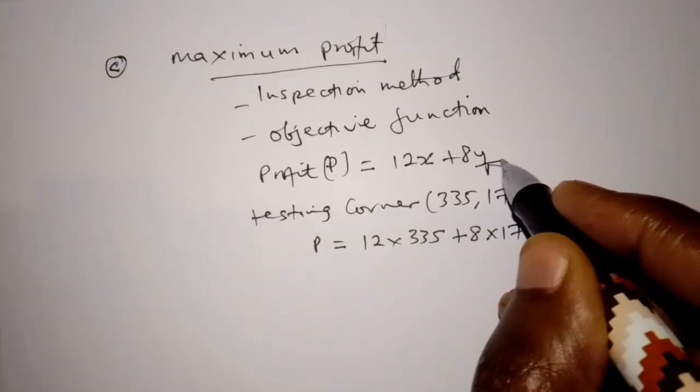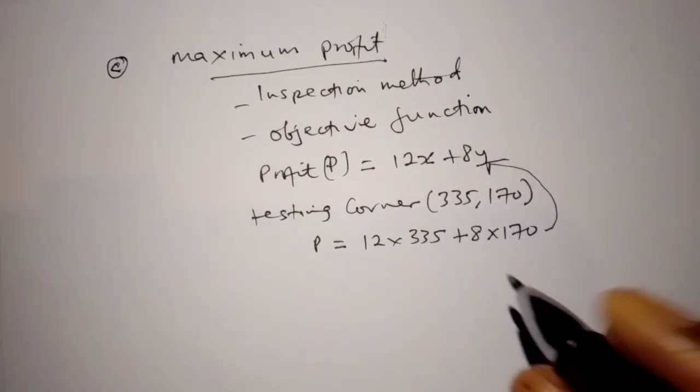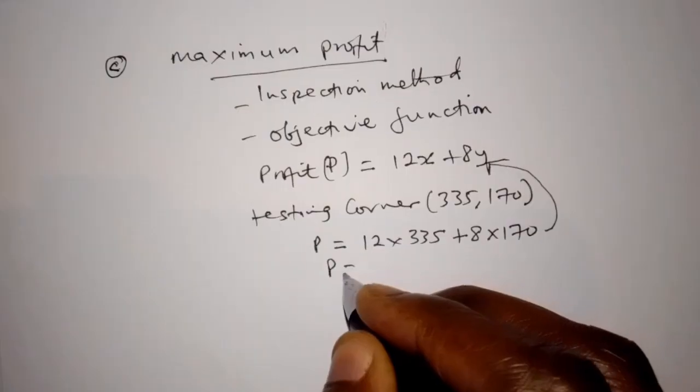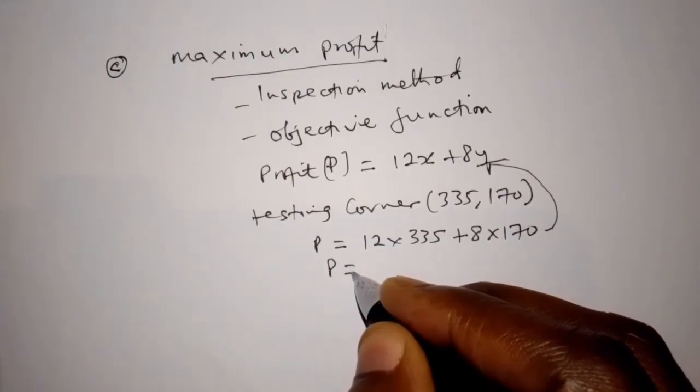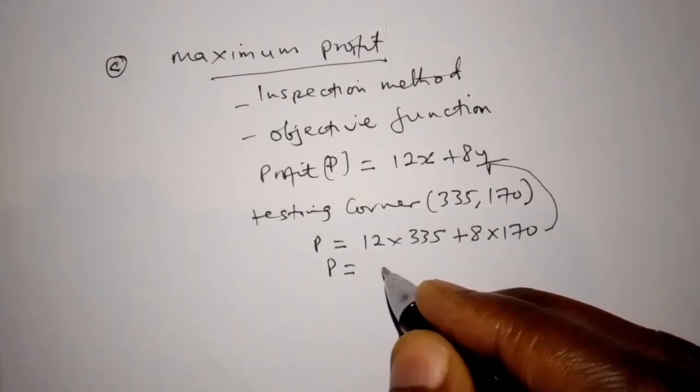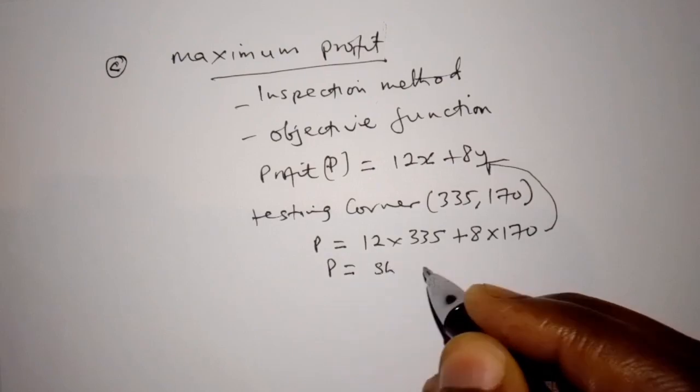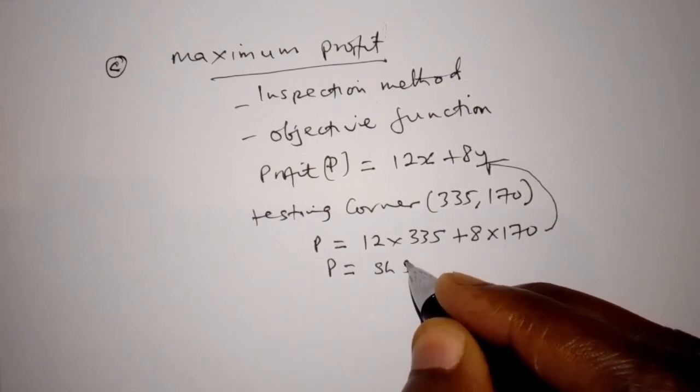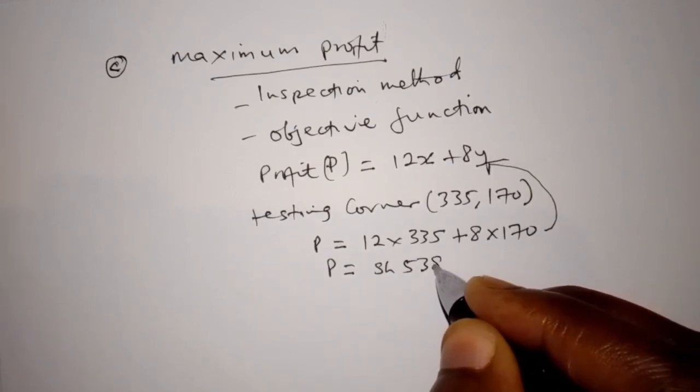Using our equation here, profit P is equal to shillings 5,380.